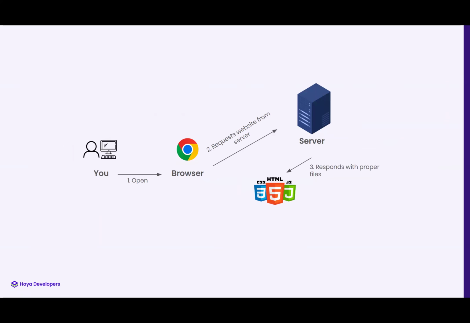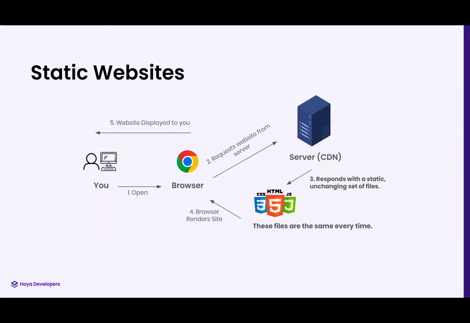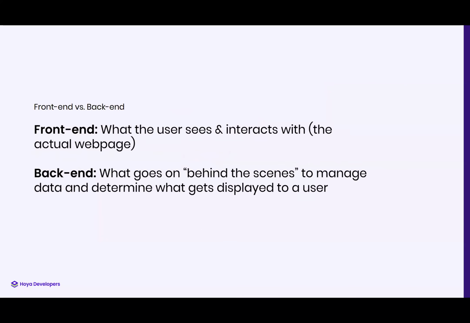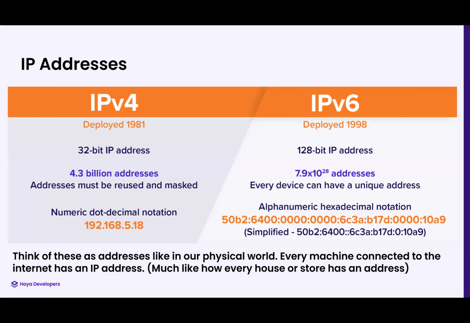Basically, what we're going to try to accomplish today is: what do you need to find this server? What does that even mean? And how do you get it to give you website files? So we'll be basic, and we're going to start with IP addresses, and then we'll also talk about servers again.